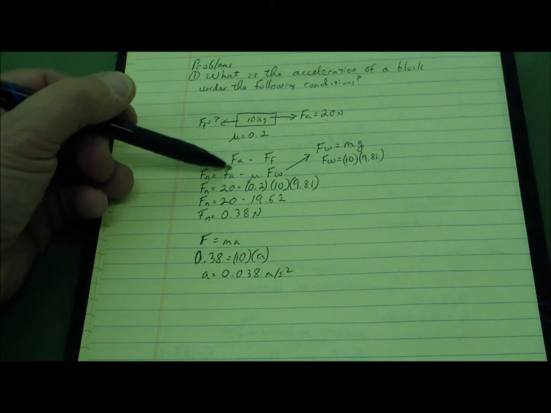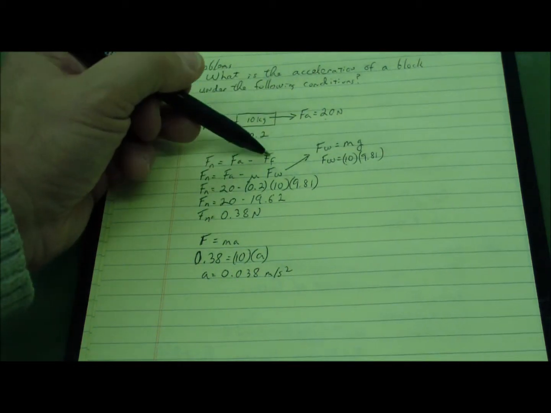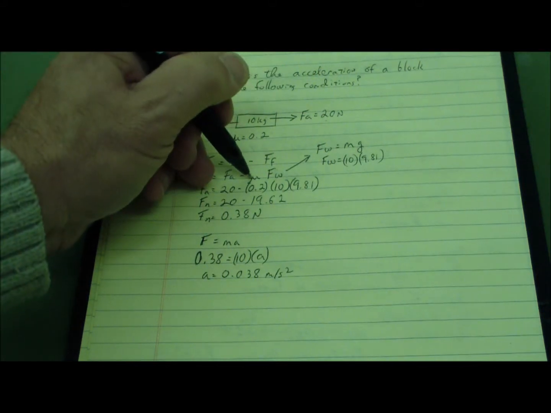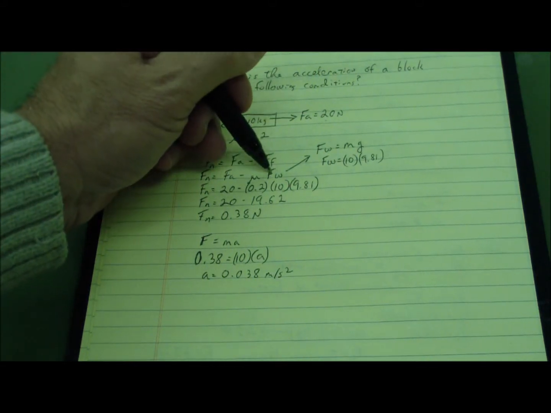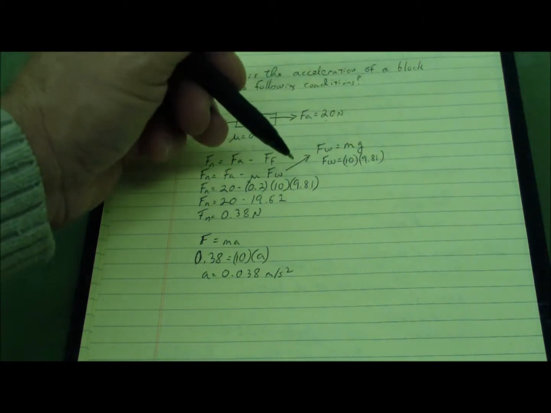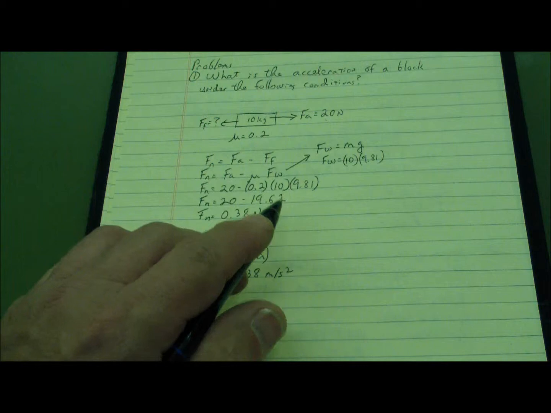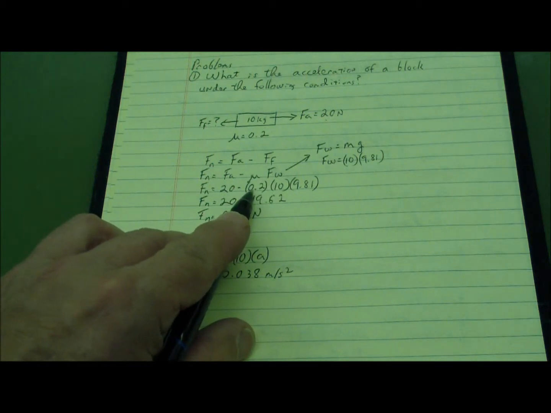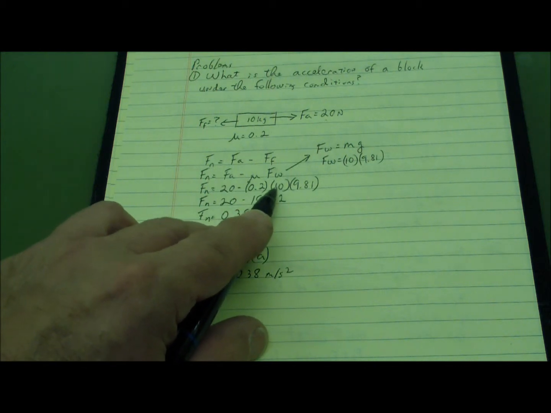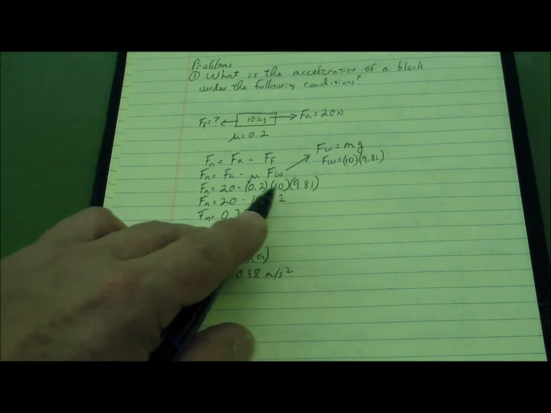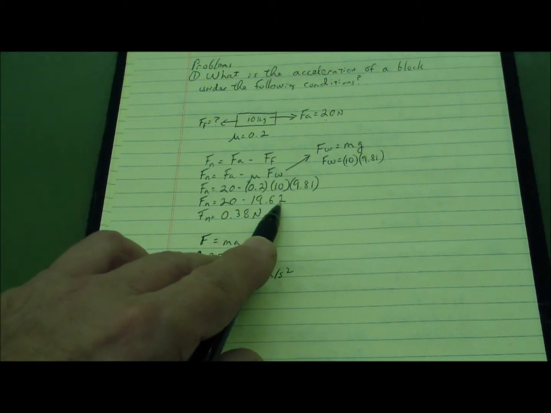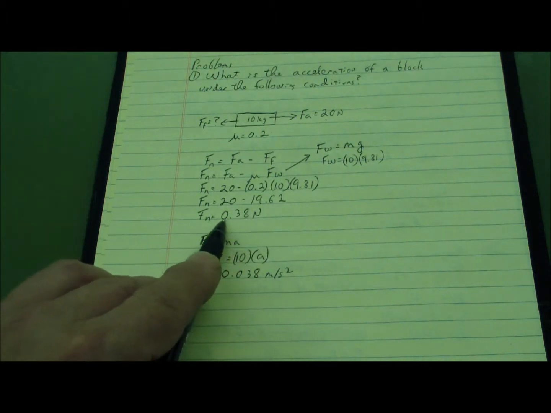Okay, we know we have an applied force of 20. Force of friction is coefficient of friction times force weight. If you remember, force weight is mass times gravity, so I can break that into that, and the whole equation is: force of friction is 0.2 times 10 times 9.81, subtracted from 20, and this comes out to be 19.62 minus 20.